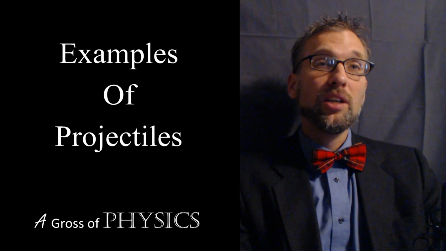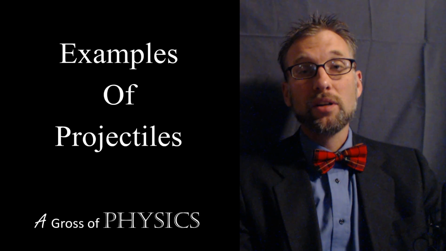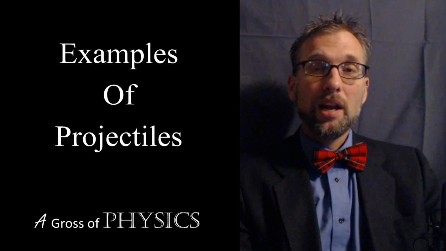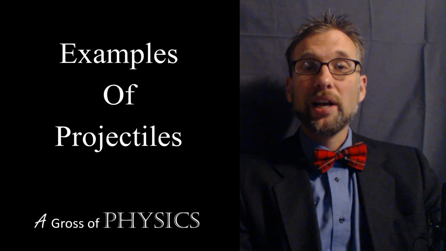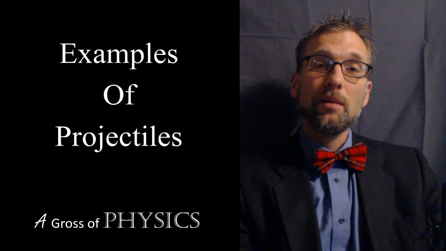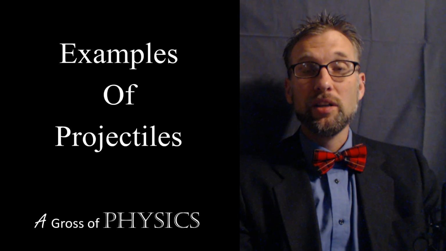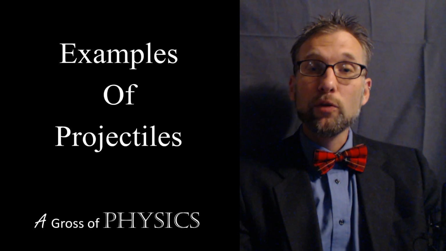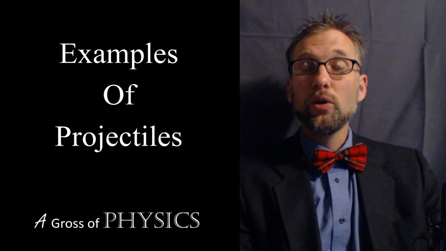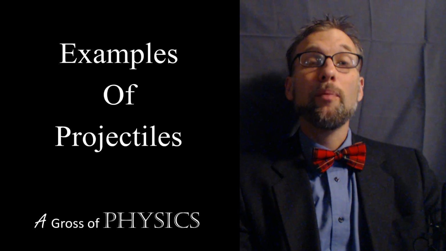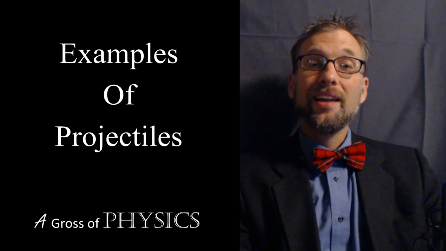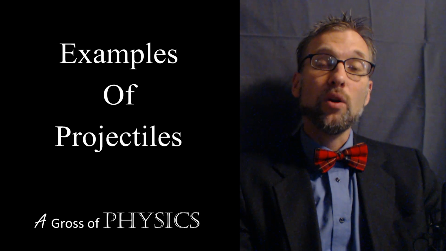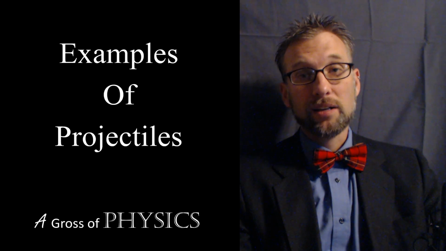A lot of times we deal with objects moving upward first in a specific problem. Now, however, we may deal with projectiles where we want the projectile to move downward initially in order to land at a specific spot on a court. For example, if you're playing tennis, when you serve you throw the ball up in the air vertically and then strike the ball in a downward direction so that you get it over the net into the service box.